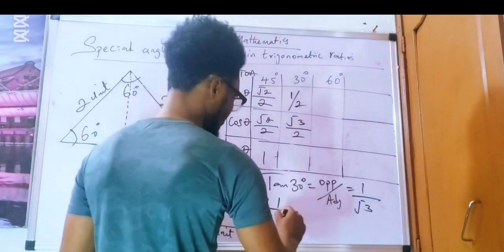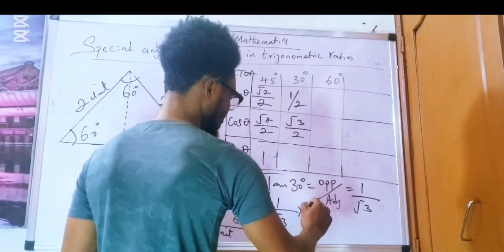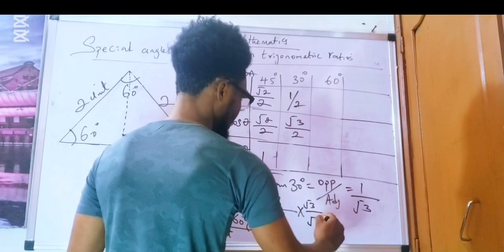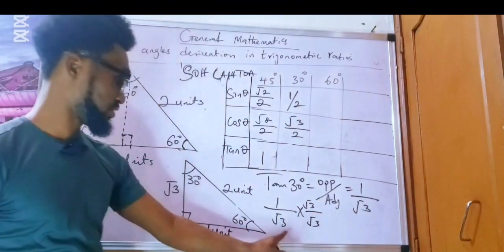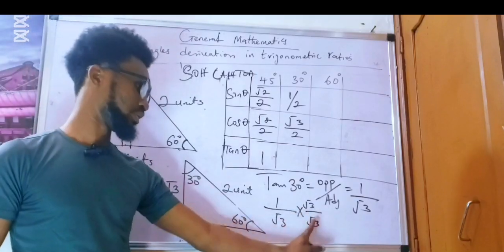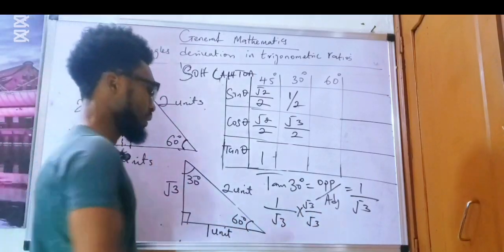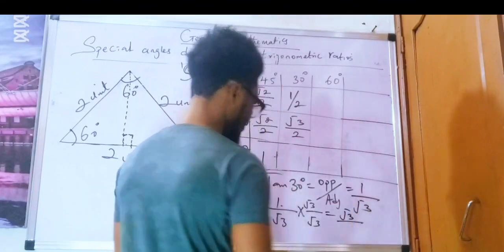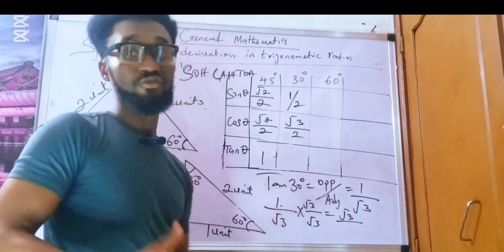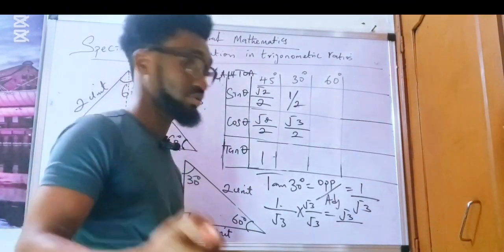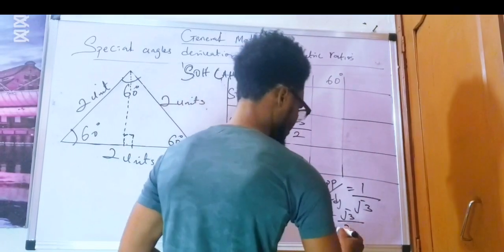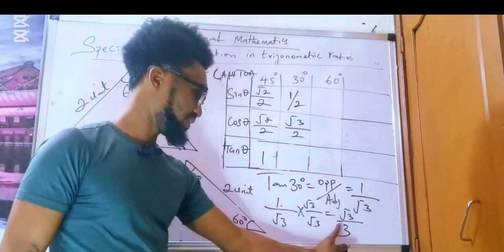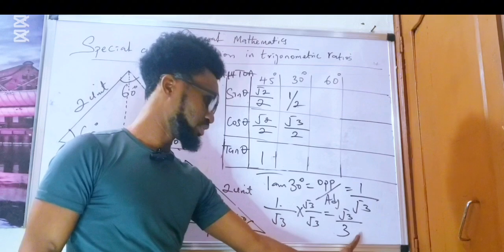So we have 1 all over square root of 3 times square root of 3 divided by square root of 3. So 1 times square root of 3 gives you square root of 3, and square root of 3 times square root of 3 gives you square root of 9. Square root of 9 is what? 3.